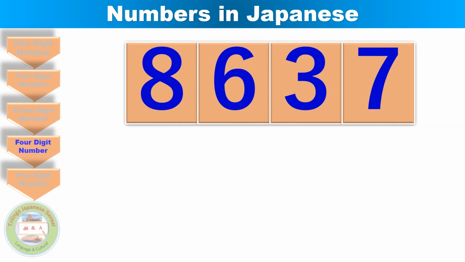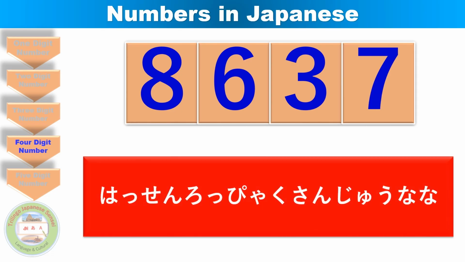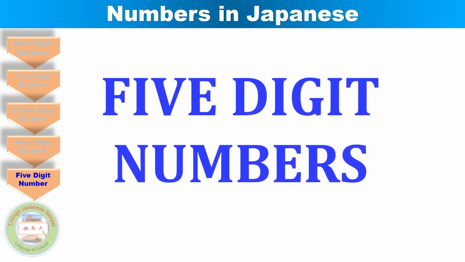The next number, 8637. 8000 hassen, 600 roppyaku, 30 sanju, 7 nana. Hassen roppyaku sanju nana. Let's see the 5-digit number system.